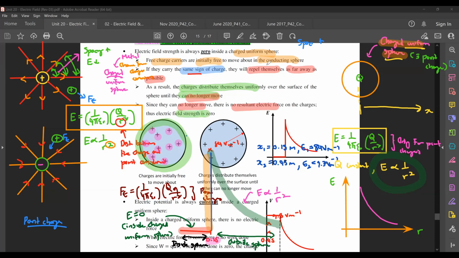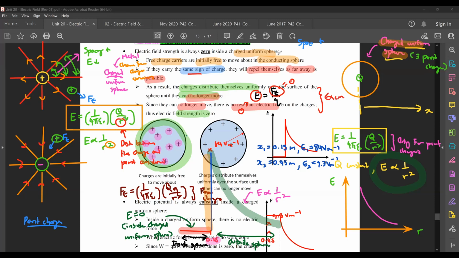Now, how you come to this conclusion is from this equation. Because you remember field strength is defined as electric force acting per unit positive test charge. If you already say that your electric force is 0, your electric field strength is going to be 0. Okay, that's how they conclude that. This particular point here is the one that will come out inside your exam.